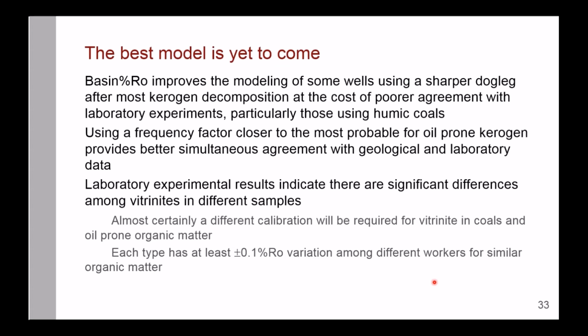The other way of stating that is that the suppression is quite likely related to the nature of the rock and not the pressure or oil generation per se. And each type of material, both the sapropelic and humic materials, have scatter of at least around 0.1% R0 from different workers.